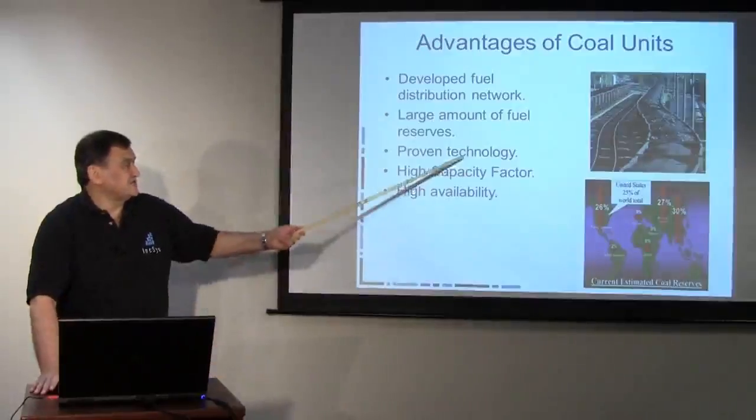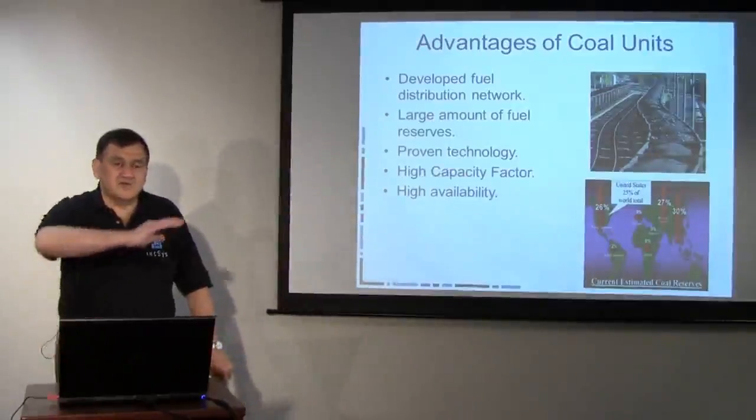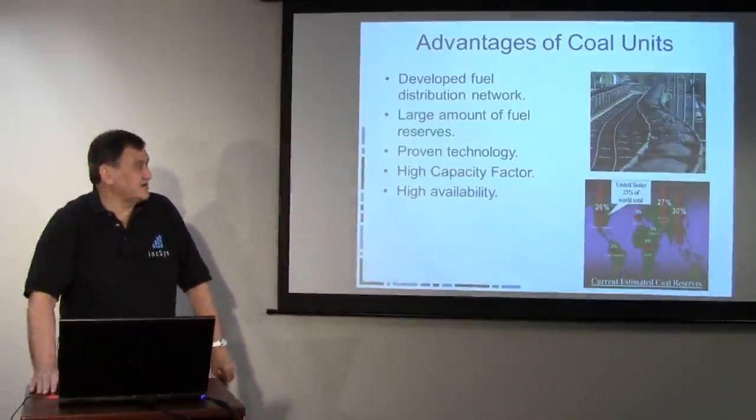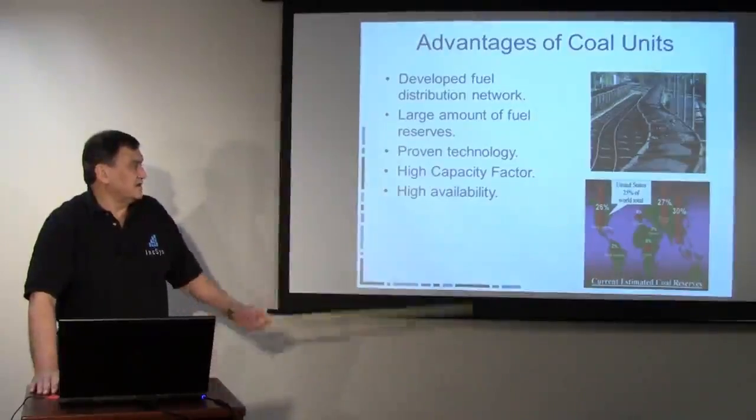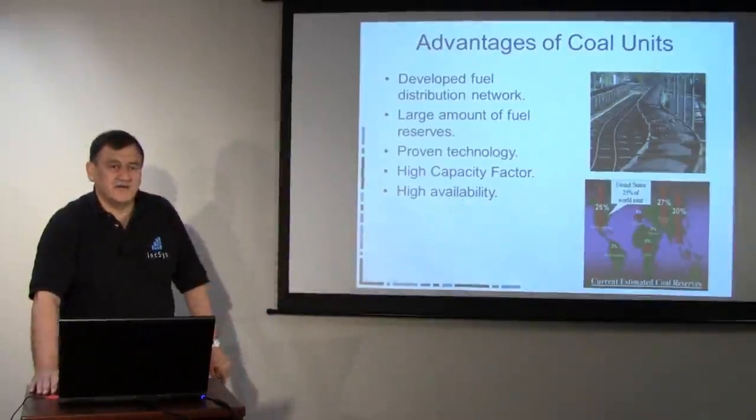It's a very proven technology. The units run very reliably with a high capacity factor, and they're always available. Unlike wind, which varies based upon the wind speed, power plant units have a very high availability, and are down primarily for maintenance, or sometimes there may be outages due to equipment breaking.